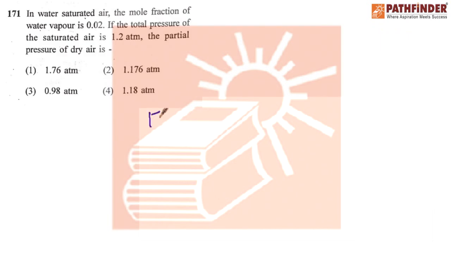Question number 171, the partial pressure of dry air, you need to find it out. Actually, the partial pressure of dry air means the total pressure times the mole fraction of the dry air. In that, the mole fraction of dry air was not given.